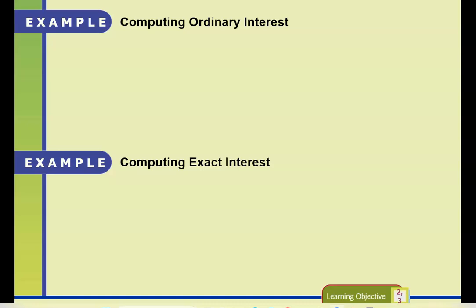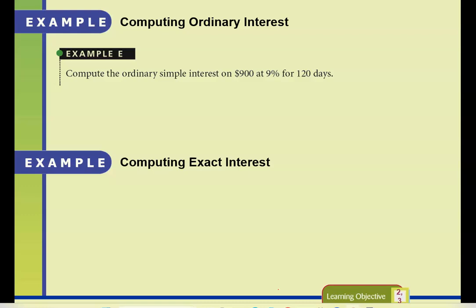Okay, now I have two more examples here, and the first example is going to be computing ordinary interest. And so ordinary interest uses a 360-day calendar. Ordinary interest was actually used in the past long before calculators were invented, because although obviously there are 365 days in a year, when you're calculating this many days, it's easiest to just round it to 360.